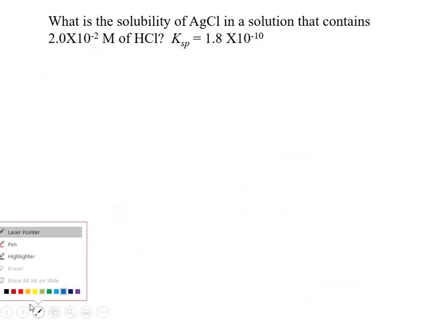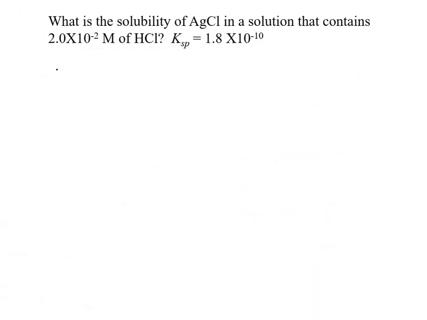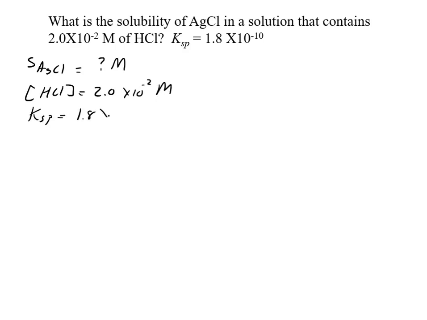Again, it wants to know the solubility of AgCl. It doesn't specify the units, so if I don't specify, you can leave it in molarity. I have a concentration of HCl that is 2.0 times 10 to the minus 2 molar, and I have a KSP of 1.8 times 10 to the minus 10th.